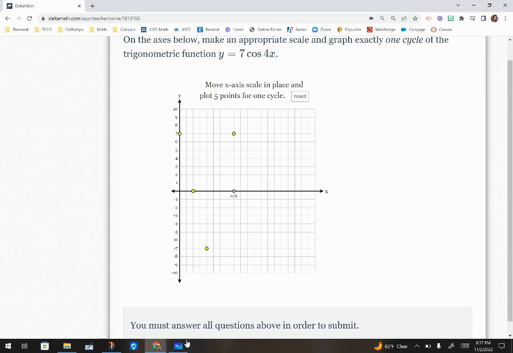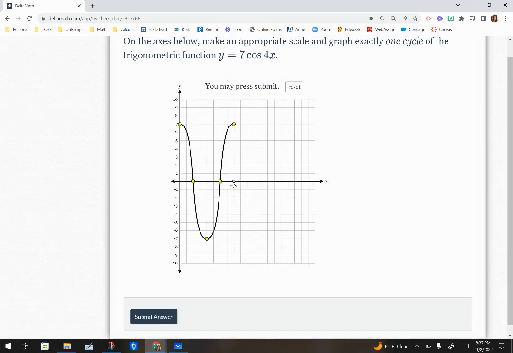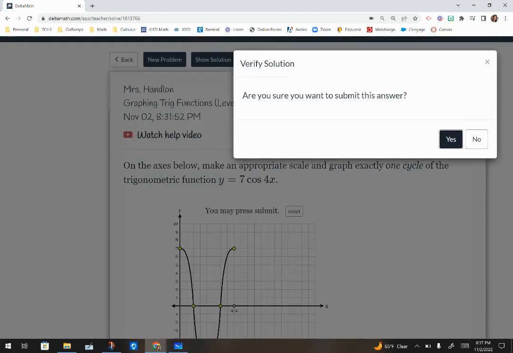And then from 4 to 8 squares is going to be 6. So I'm going to plot it right there. And there are your 5 points. And just do that pattern every single time for cosine, no matter where you graph it. As long as the midline cuts that cosine graph in half, you know it's a cosine graph. Okay? So I'm going to hit submit.